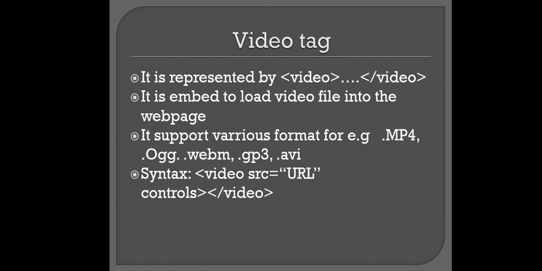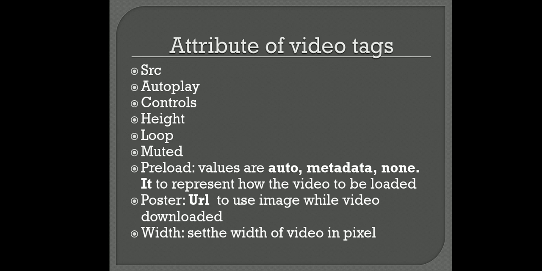The next tag is your video tag. If you want to have the video with the audio also, then we use the video tag, and it has the same attributes, with three more attributes added. Preload represents how the video is to be loaded, and poster means that if the video is not playing and is just loading, then an image is seen, which is called a poster.